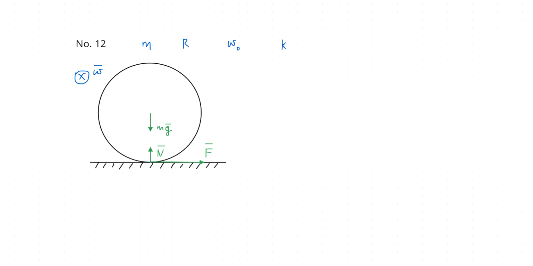To find acceleration, we can use Newton's second law of motion: ma is equal to the force of friction, because mg and N have the same absolute values but opposite direction, so they neutralize each other, and the force of friction will cause acceleration.